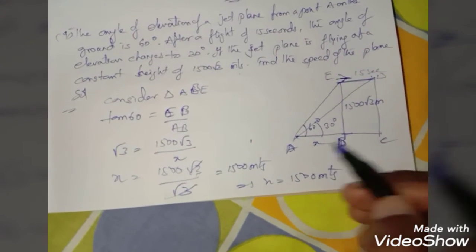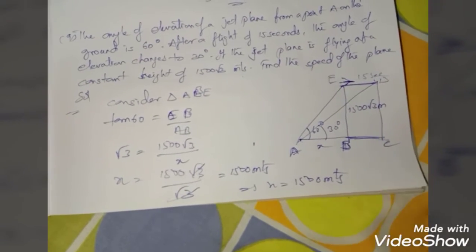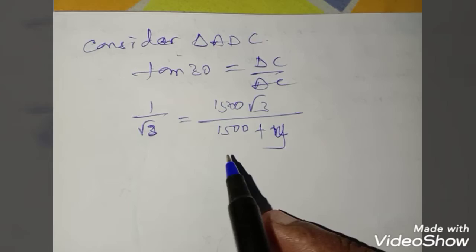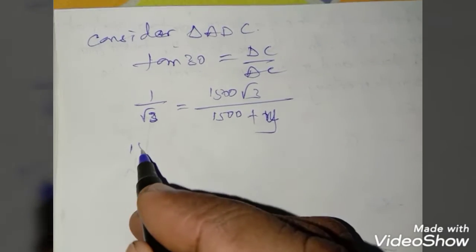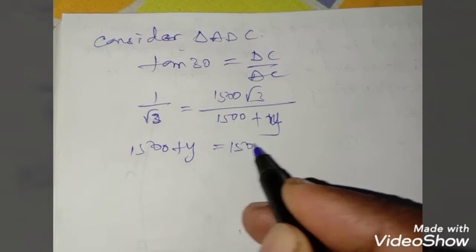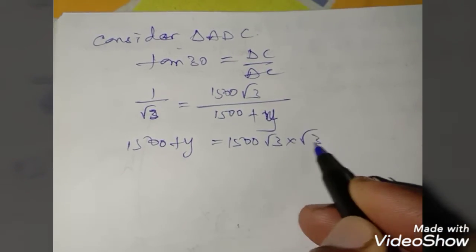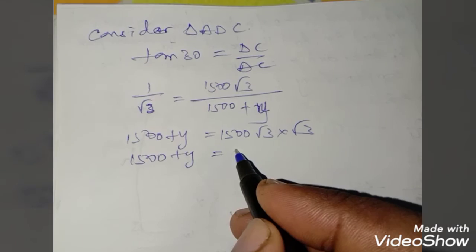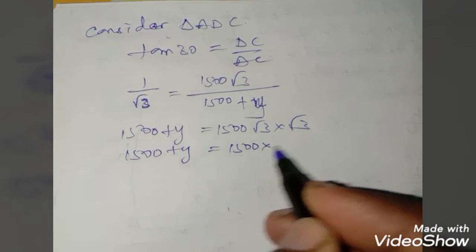So after finding this x, you have to find this distance, that is the BC length. After that just cross multiply. So you'll get 1500 plus y is equal to 1500 root 3 into root 3. So 1500 plus y is equal to 1500 into 3.